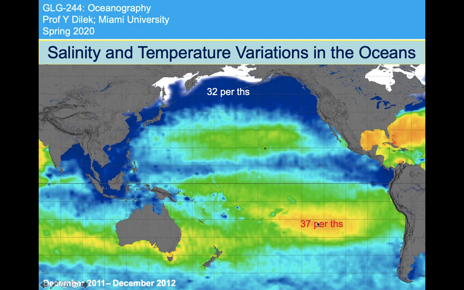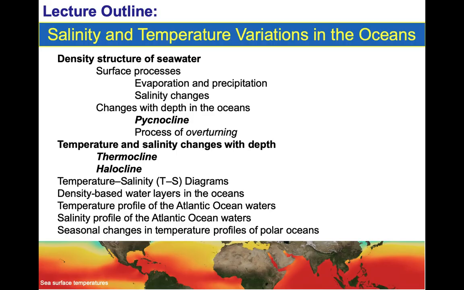That's a very high salinity, and as you go towards the north, you realize that the salinity becomes lower, down to 32 milliliter per thousand liters. So the ocean waters globally have these kinds of fluctuations in salinity and density, and we're going to talk about what processes control these kinds of changes.